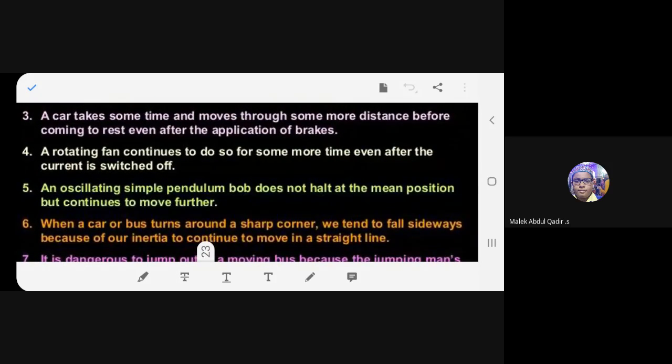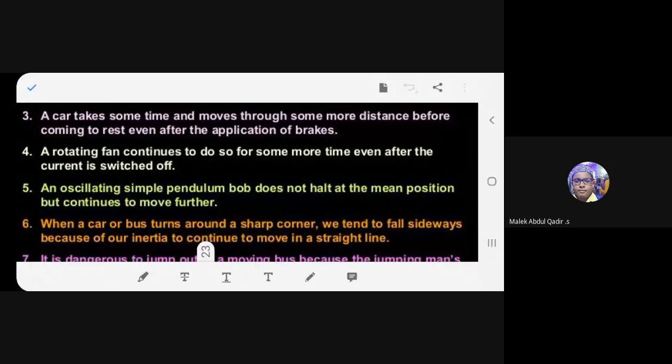You will fall down. Third, a car takes some time and moves through some more distance before coming to rest even after the application of brakes. Is it true? You apply brake to any vehicle, it will not stop there, but it will keep on moving to a certain distance.